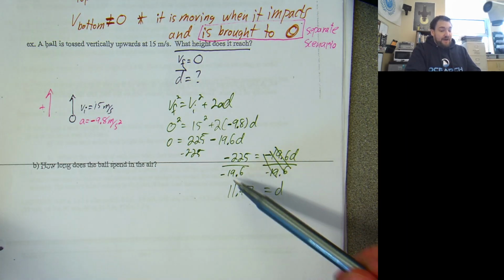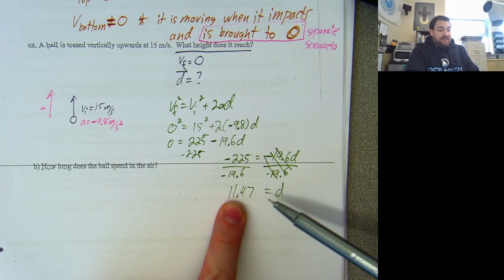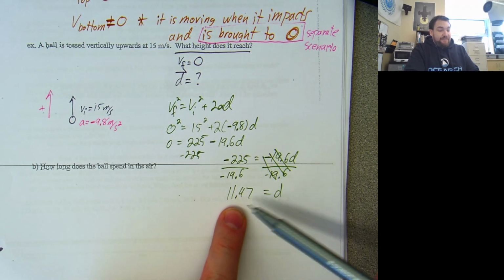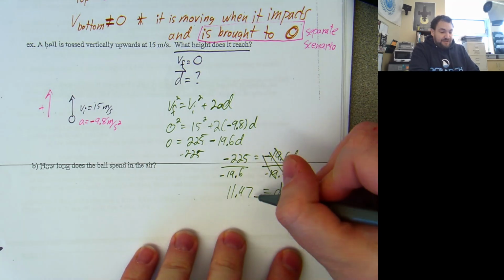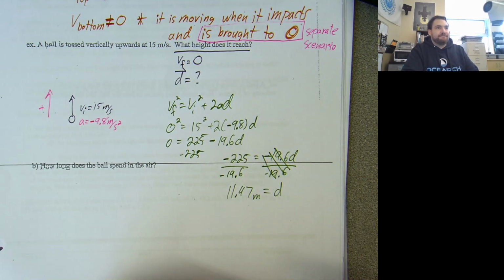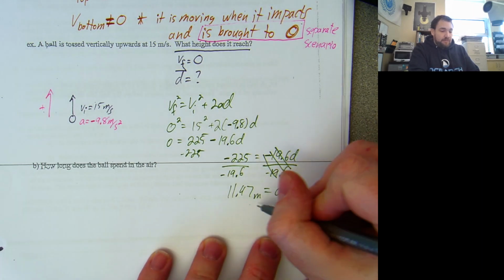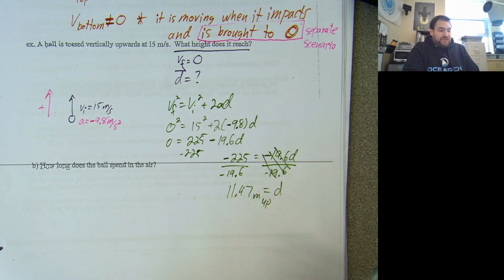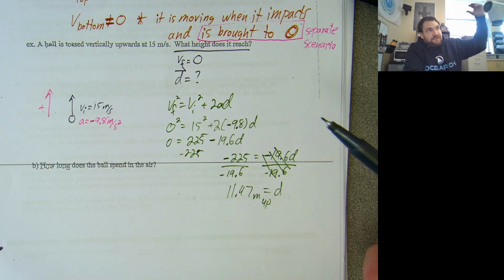Negative divided by negative is positive. So what that's telling you is that the object has been displaced 11.47 meters. Which way? Up. Which, if you think about the rest of the problem, it makes sense. It's being tossed vertically, so it ends up on top.